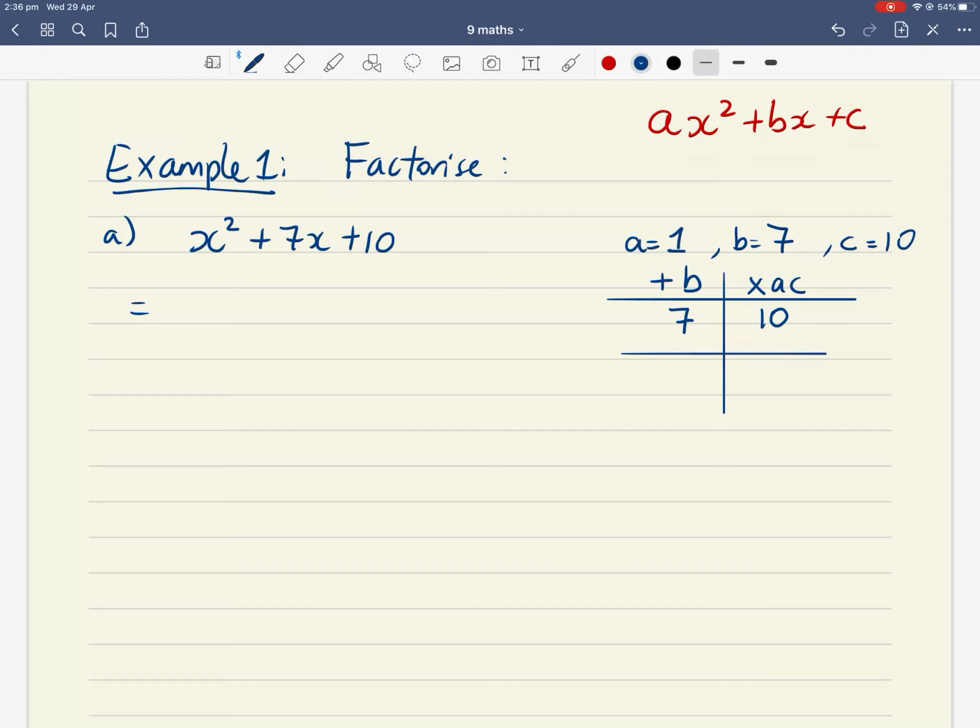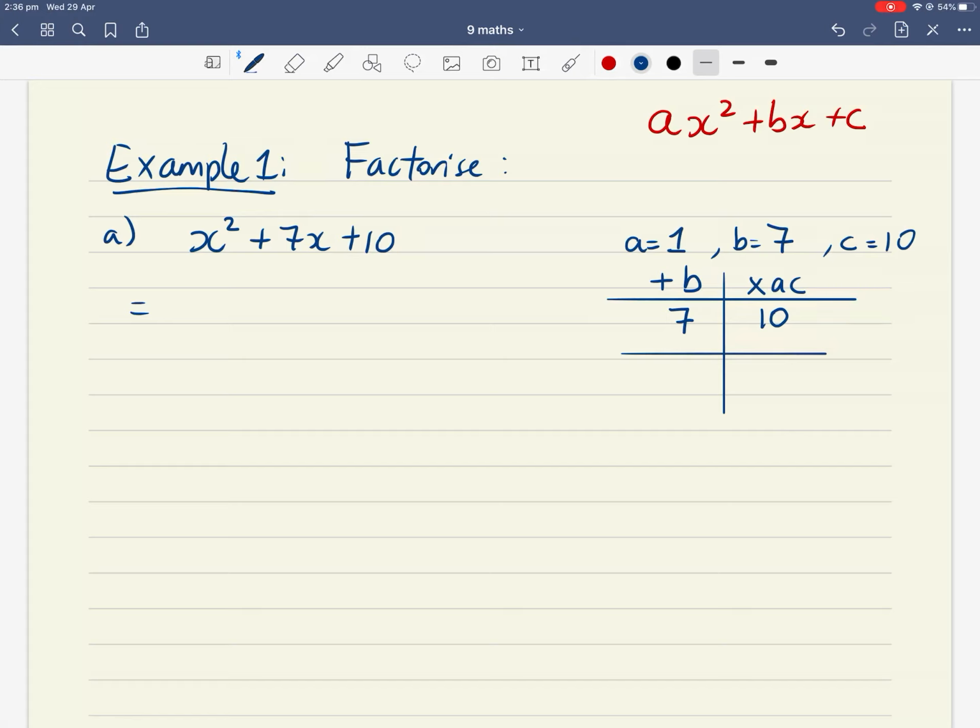The way I tend to think about this is look at the factors of 10. What two numbers multiply to be 10? And of those combinations, which of those would add to be 7? Now, don't forget you can use positive and negative signs as well, because positive times negative is negative, but positive add negative could become a positive or negative number depending on which one's bigger.